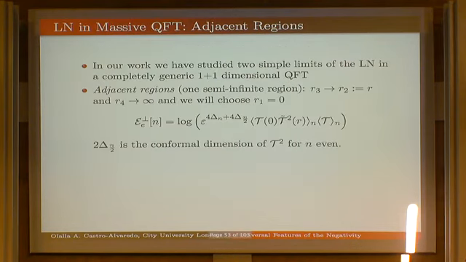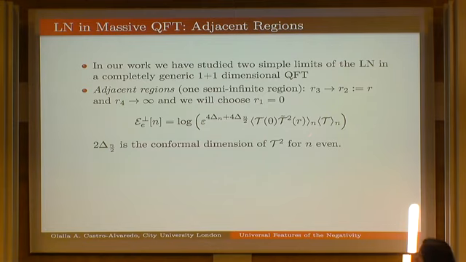Okay. So, what can you do in massive theories? In massive theories, we can take this definition and try to do a calculation, and it's again difficult. 4-point functions are complicated, but there are certain limits you can do which are a little bit easier. We consider two limits in our work. One situation is when you take essentially the same limit that Pasquale and John and Eric considered. So we get this t-square field here.